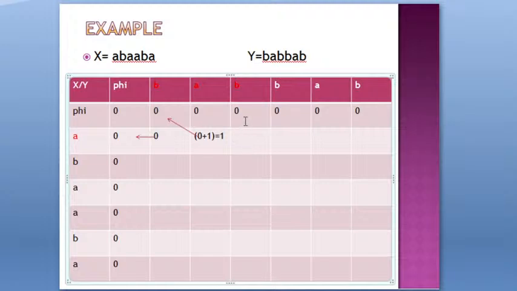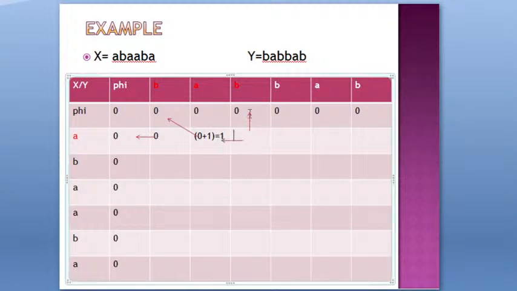So you take the maximum of the previous row and previous column. If the data is not matched with each other, then you have only this option: take the maximum of the previous row and previous column, right?